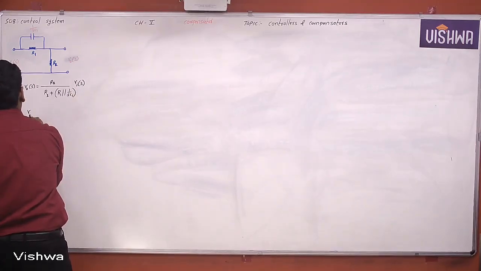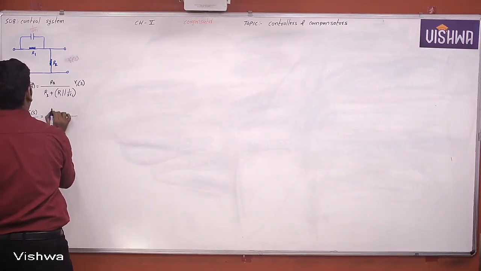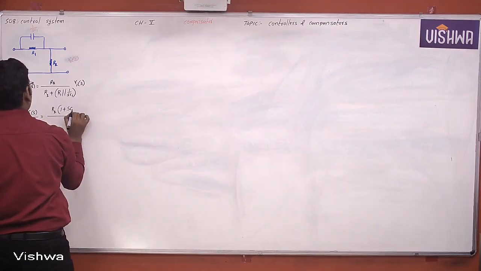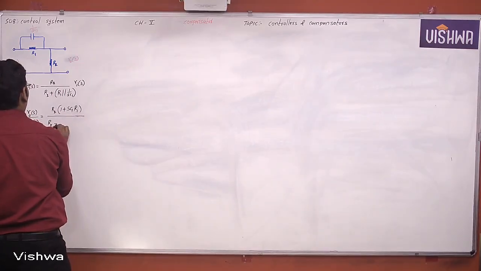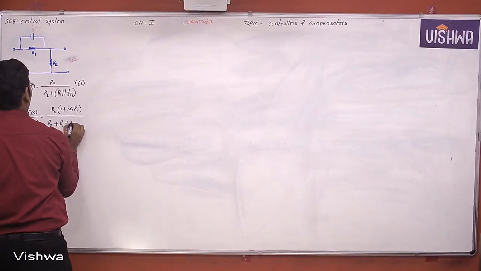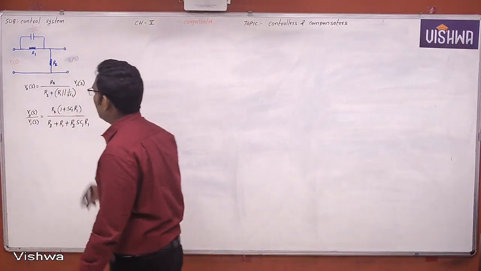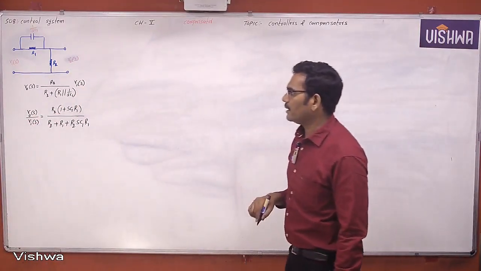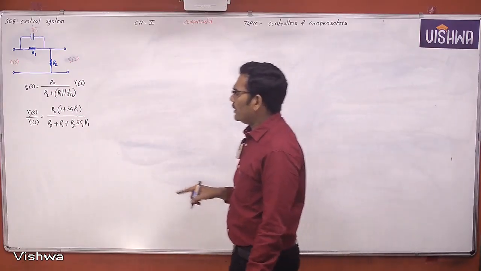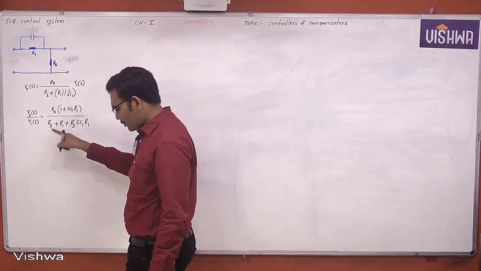What is the transfer function? Now the transfer function Vo(s) by Vi(s) is equal to R2 into (1 plus SC1R1) divided by (R2 plus R1 plus R2 SC1R1). Okay, now this is the transfer function of the given electrical circuit.